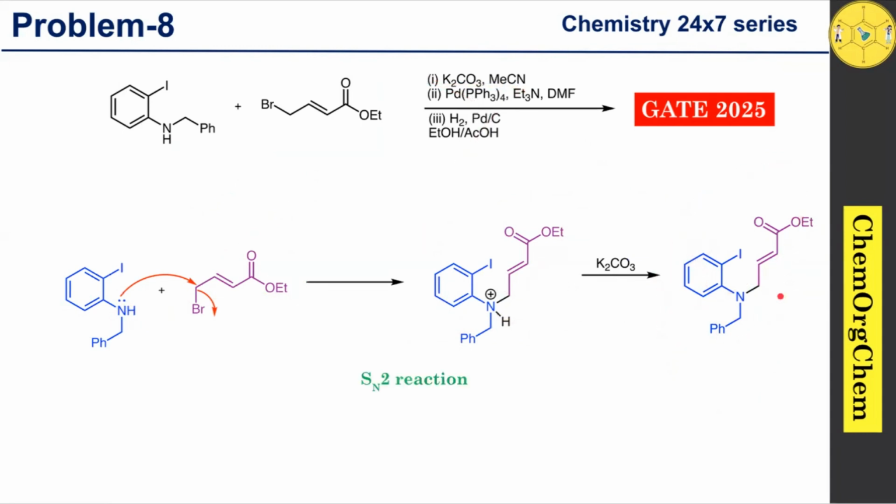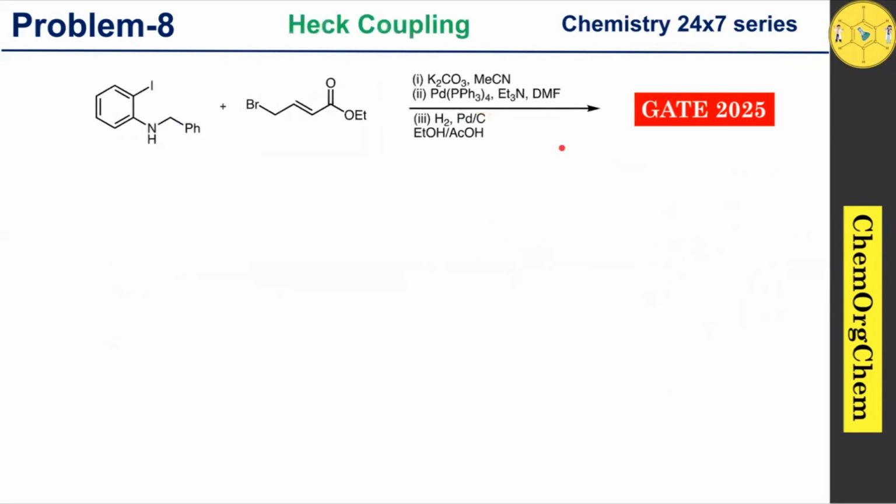Now this product reacts with palladium tetrakis triphenylphosphine, triethylamine and DMF. This is the reaction condition for the Heck cross-coupling reaction. We have already discussed the Heck cross-coupling reaction, its catalytic cycle, mechanistic details and various examples. If anyone missed that video, you can find the link in the description box below.